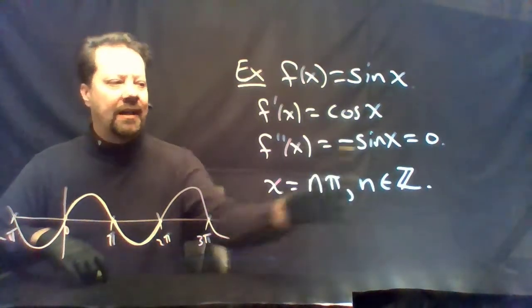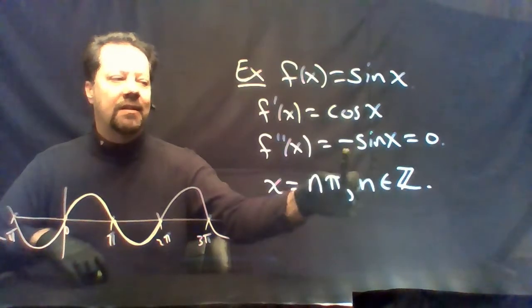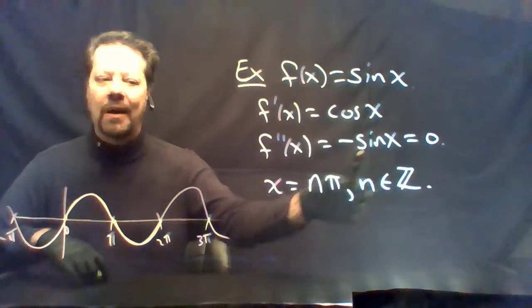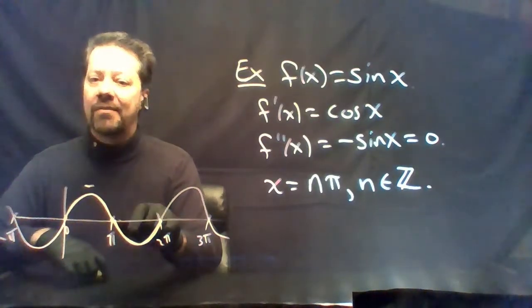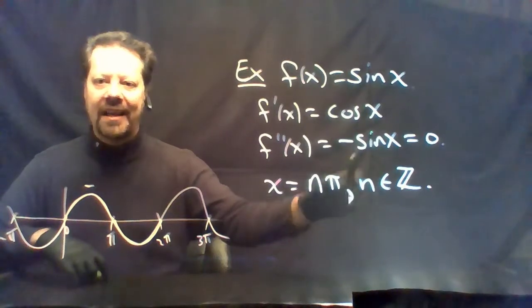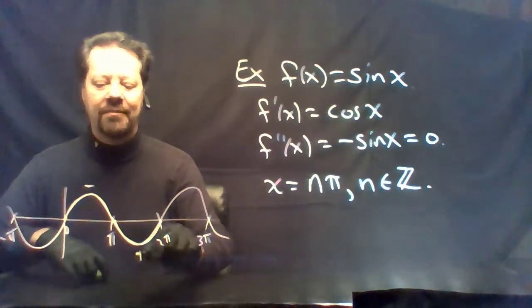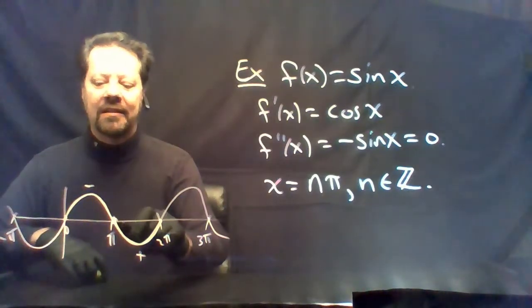Between 0 and pi, say at x equals pi over 2, sine of pi over 2 is 1, you get a concavity of negative 1. Negative concavity, it's concave down. At 3 pi over 2, you'll get negative 1 or positive 1. It's concave up, as you can see clearly on the graph.